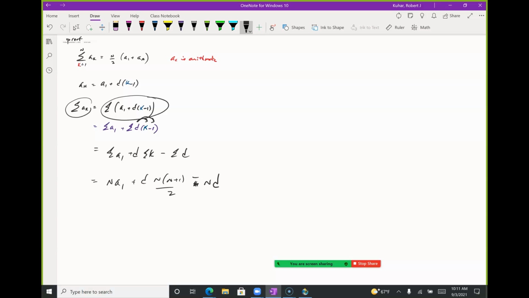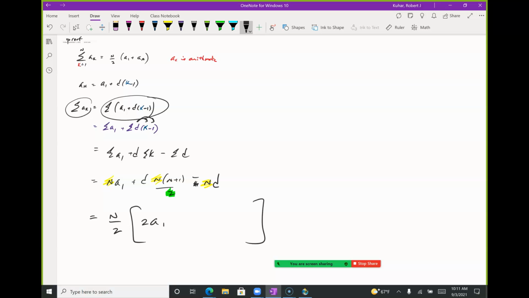What I'm going to do is, notice I have an N in everything. I'm going to factor that out, and I'm going to factor out a 2, right? So I'm going to factor out the N in everything, and I'm going to factor out the 2 in everything. In order to factor out a 2 from the denominator, when it doesn't exist, I have to double the numerator.